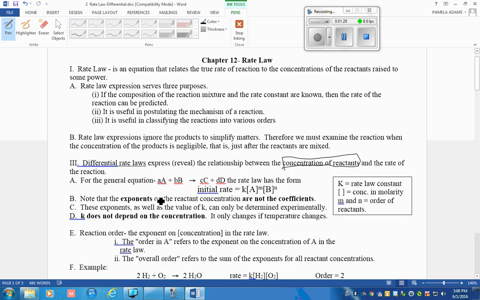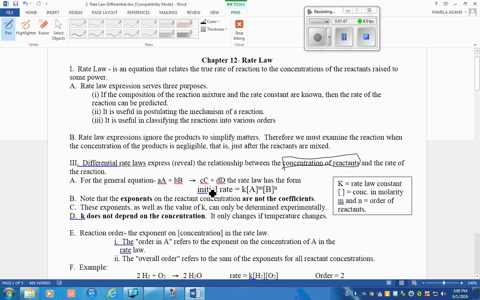Let's say we have this general equation where the small letters are the coefficients, the large letters are the species or the chemicals. The rate law has this form.